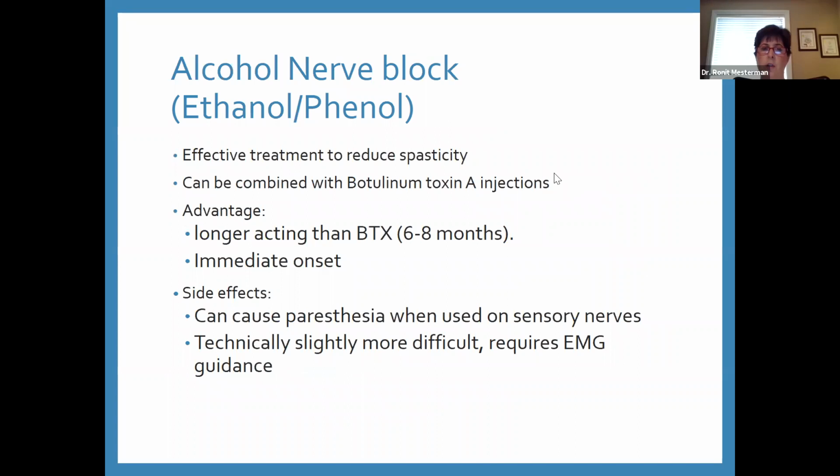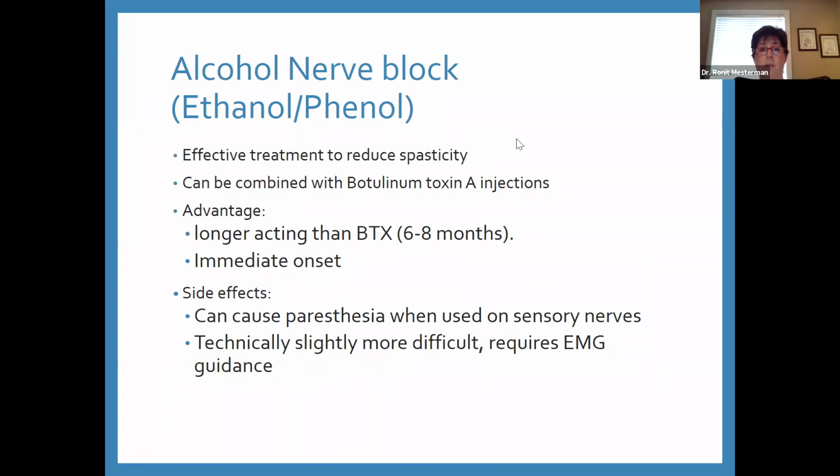Another intervention that actually has been long-standing and used prior to the use of botulinum toxin is the alcohol nerve block. And then with the rise of Botox it was pretty much forgotten and has in the last years become a little bit more popular again.